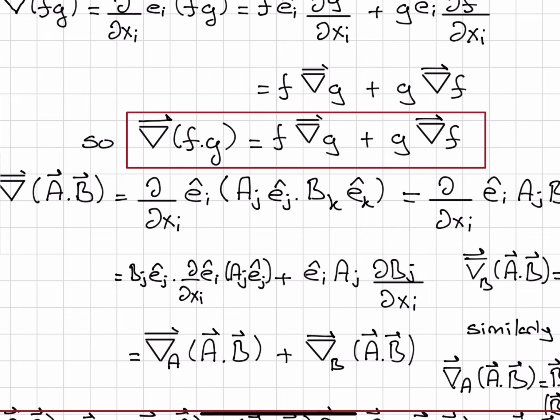So ej hat dot ej hat is 1. So this is only being applied to the vector a, not to vector b. So that's basically to clarify that.